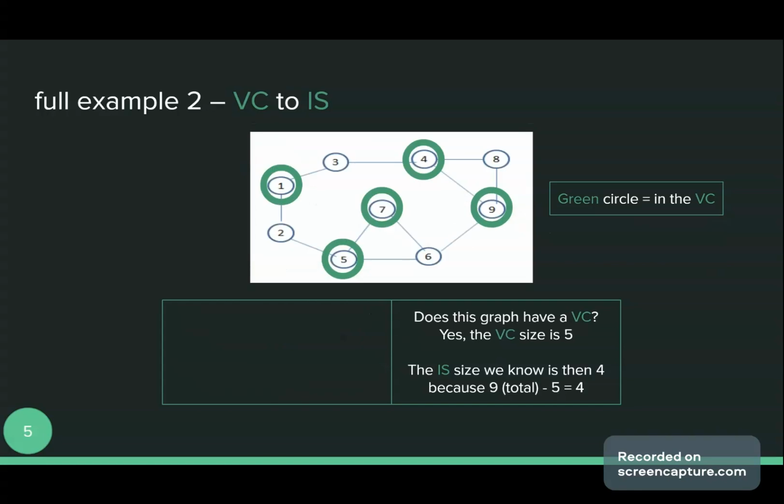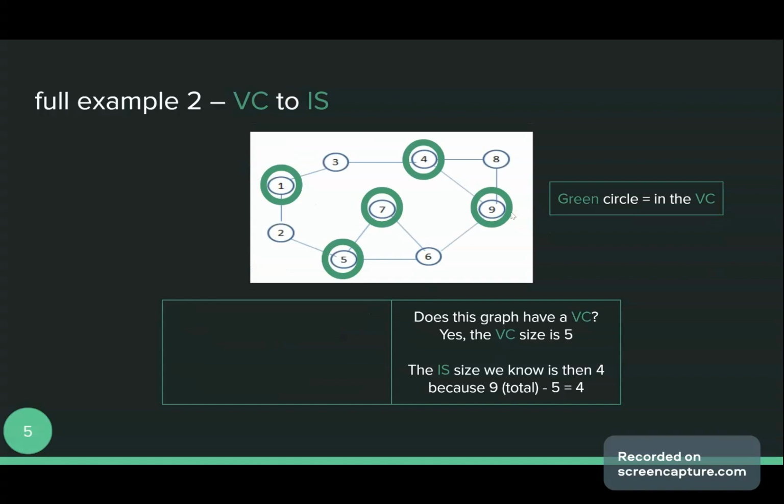Here's another example. And this time we'll go from the vertex cover to the independent set. Now, this graph has a vertex cover, and its size is 5. We can see that the vertex 1 covers 1 to 3 and 1 to 2. The vertex 4 covers 4 to 3, 4 to 8, and 4 to 9.